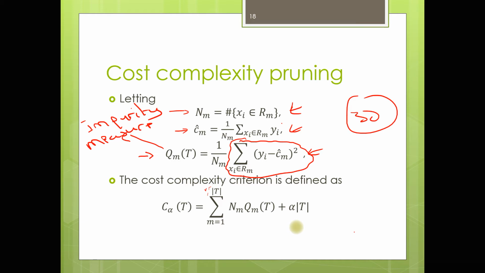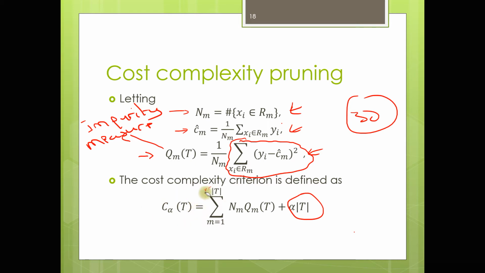Let me remind you, when alpha is equal to 0, the subtree T that we are referring to will simply be equal to T node, that is the biggest tree that you have. Don't forget that this term would turn out to be 0, and you are going to get the training error directly as it is through this C alpha T.